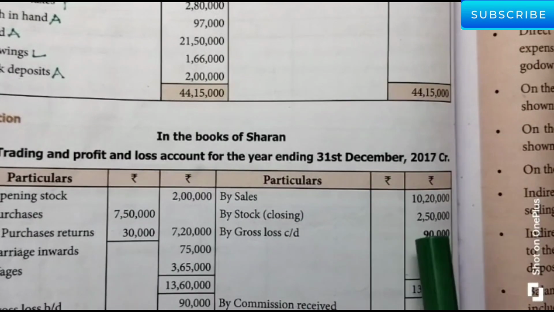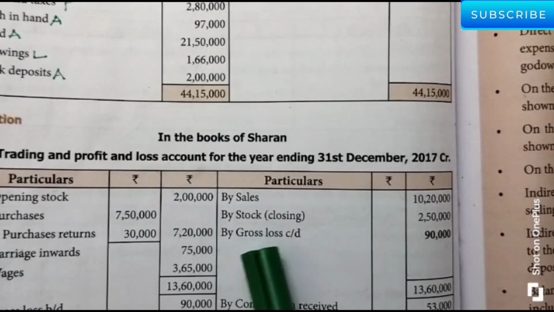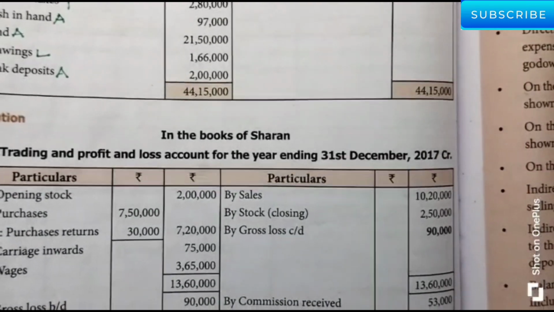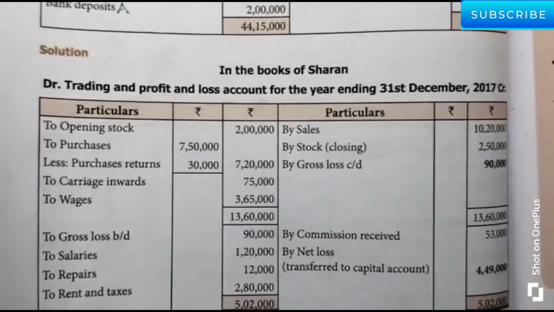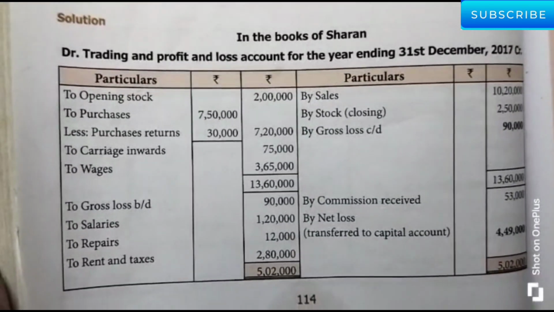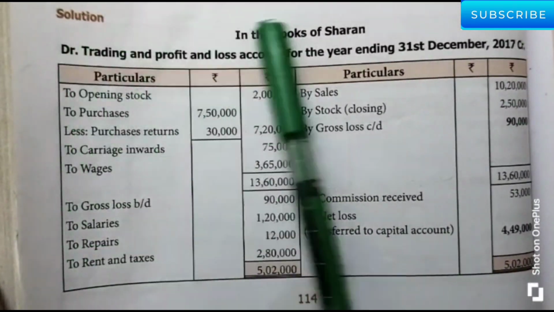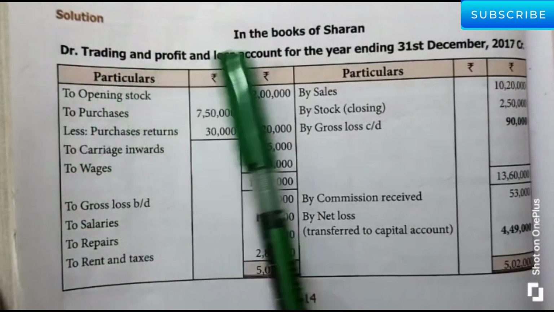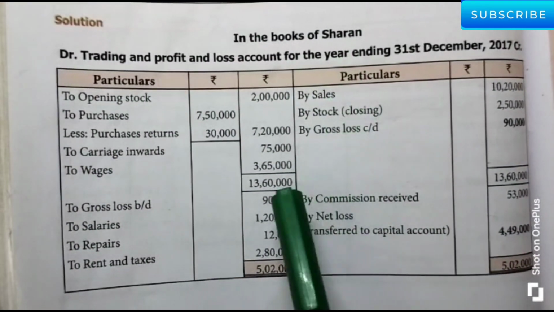Then you have to transfer that gross loss into the profit and loss account. So we prepared the trading account, right? Now we are going to prepare the profit and loss account in the same format. The profit and loss account also has the same format as the trading account.